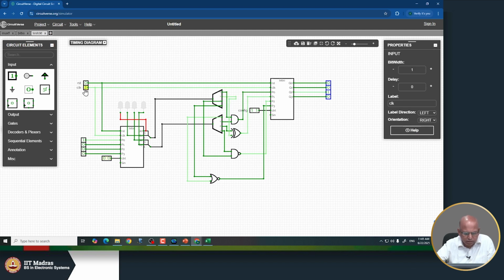Okay, didn't load. It should have loaded, no, 0001. Why it didn't load?